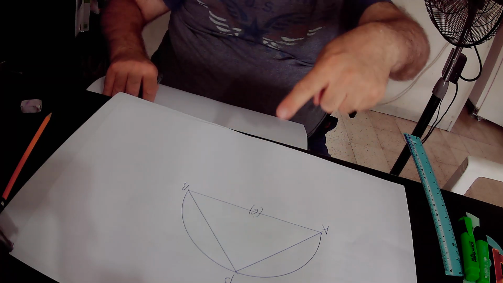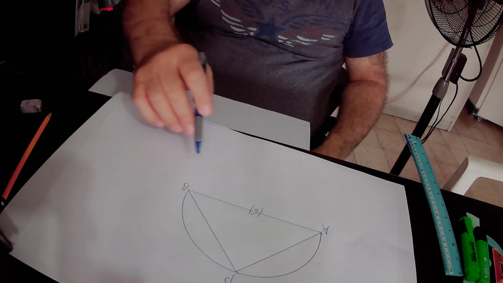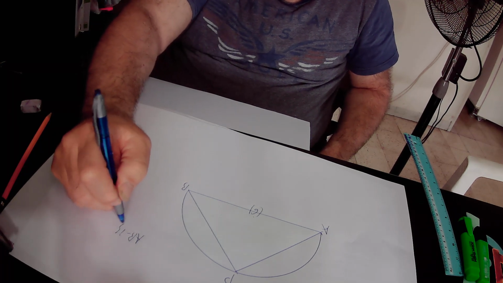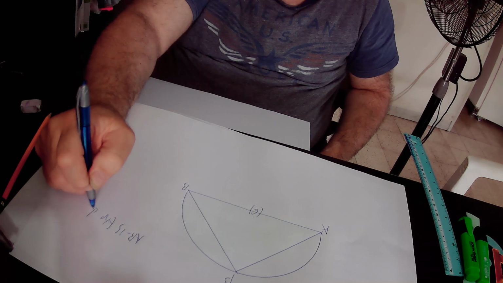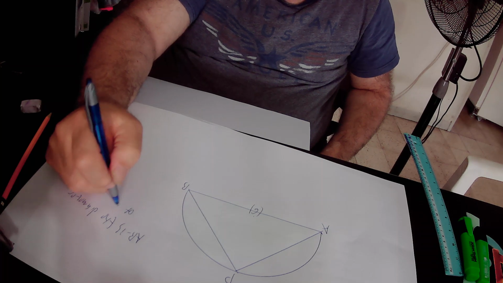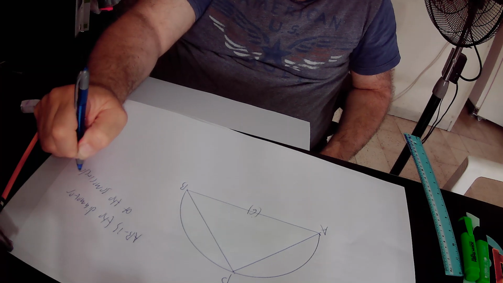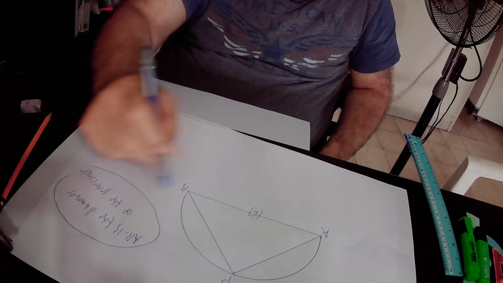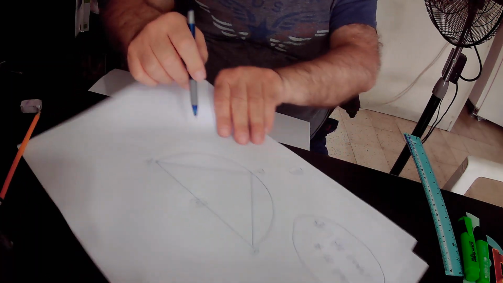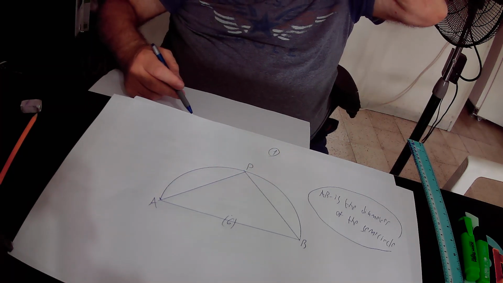I already explained to you that AB is the diameter of the semicircle, so I write it down. AB is the diameter of the semicircle, and this is peripheral angle APB, that is subtended on AB, the diameter of the semicircle.